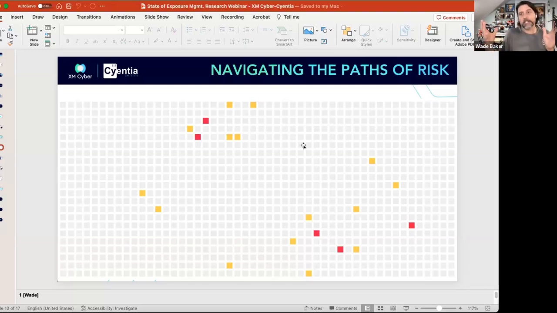This is a theme again that we've seen a lot: when you use the proportion of CVEs that are exploited, you cut way down to single digit percents where you really get priority remediation. We found the same trend here, and anytime we see that, I think it's pretty cool.